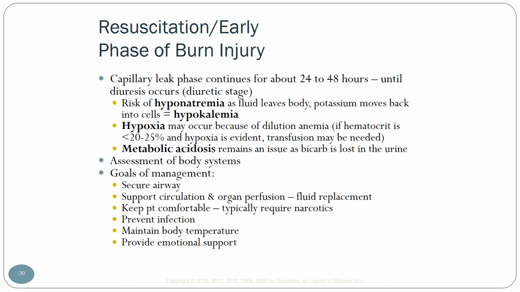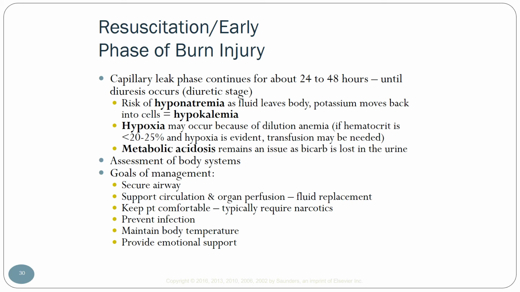So in the early phase, or this resuscitation phase that we've mentioned several times now, there is the capillary leak that occurs for 24 to 48 hours. That's where we see hyponatremia. We see hyperkalemia initially, okay, and then we move into the diuretic stage.